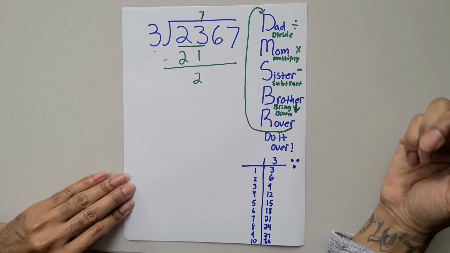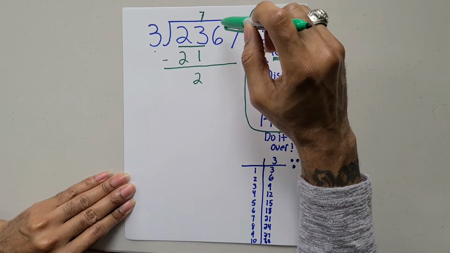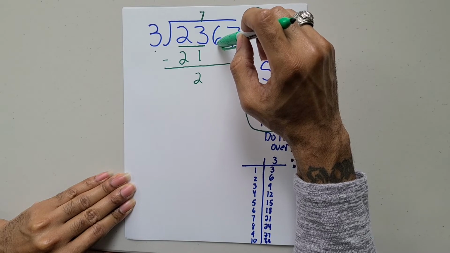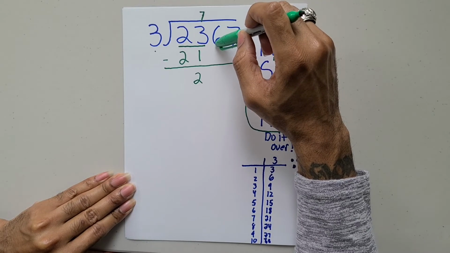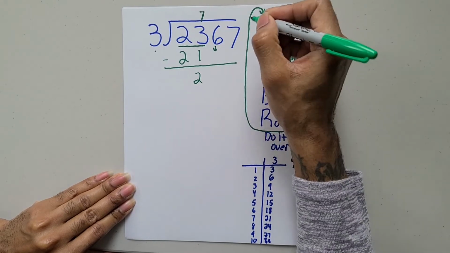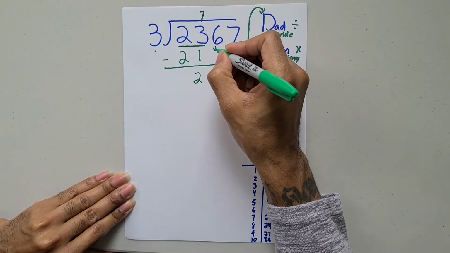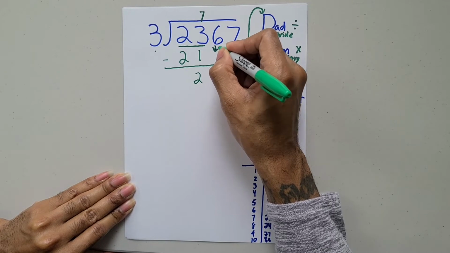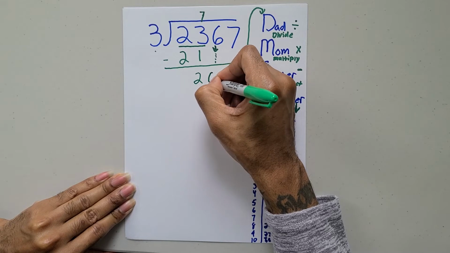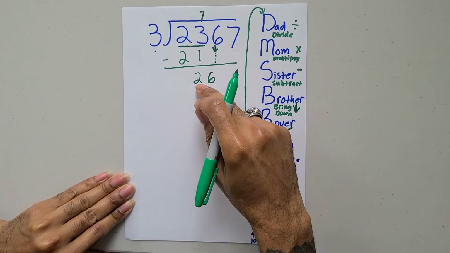We're going to have to bring a number down. We have to go to the next place value, the next available number to the right, and our number is 6. We need to bring down our number 6. Okay? Here's our little arrow, and we're going to bring this number down, and then it becomes 26.